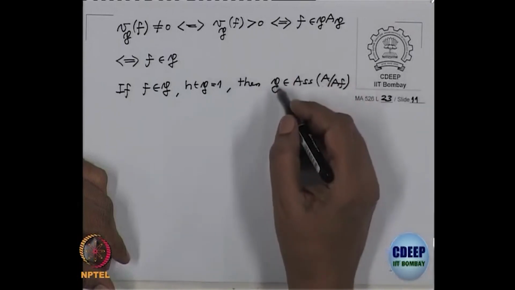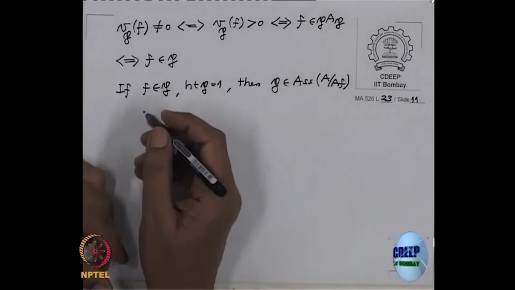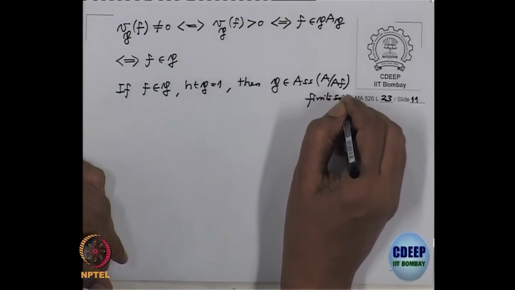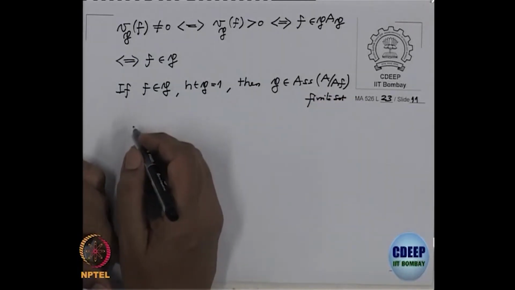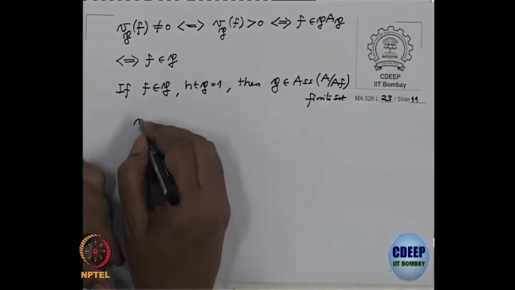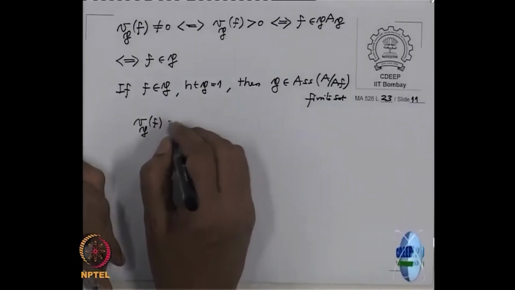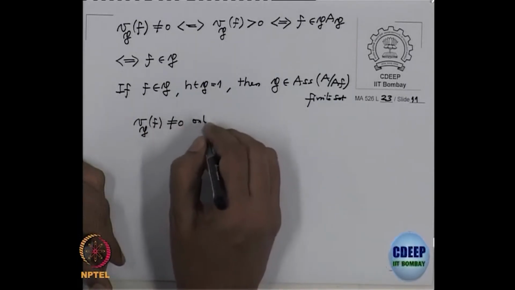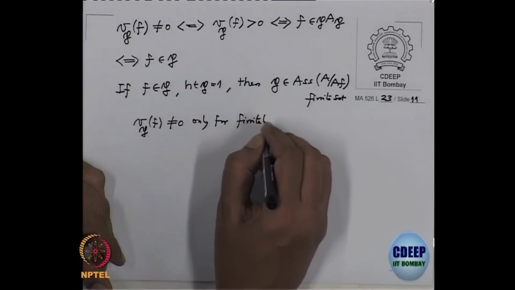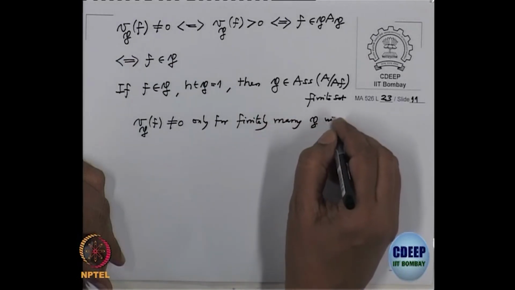So, therefore, only finitely many P's will have this property. So, that proves that this is a finite set. So, therefore, the assertion follows. So, therefore, Vp of f is non-zero only for finitely many P's with height P equal to 1.